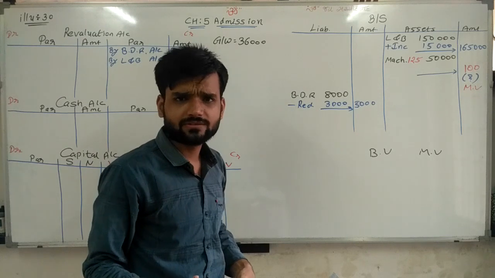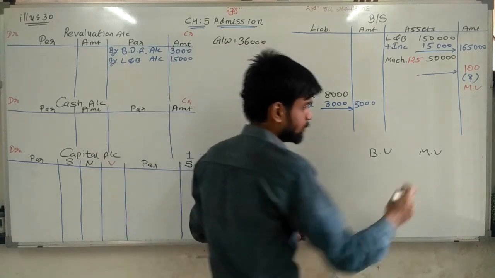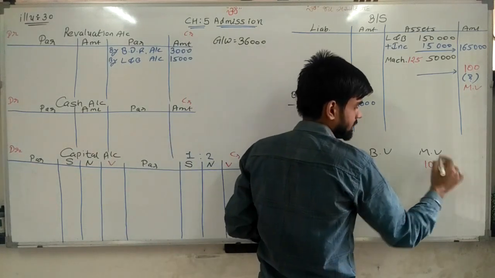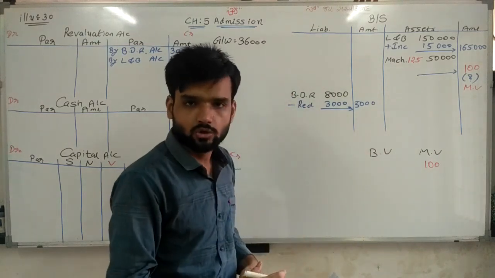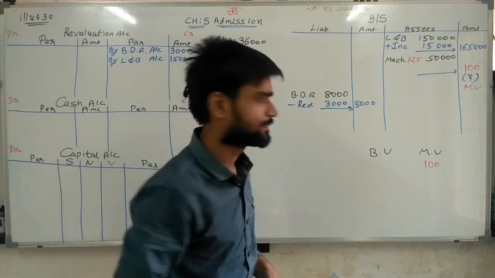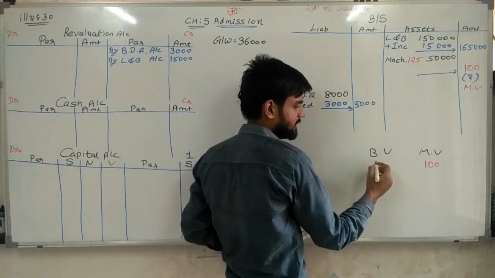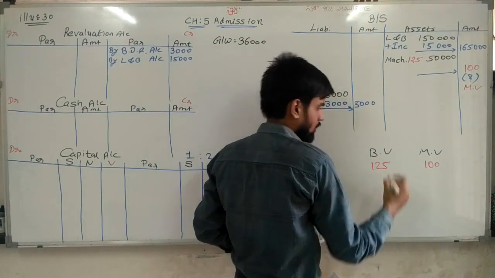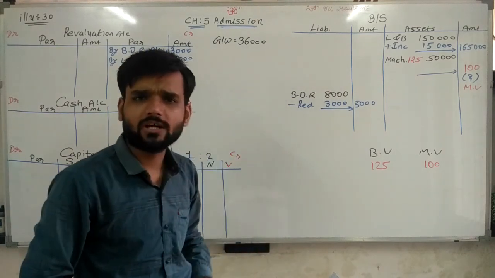Suppose market value is 100. This is the assumption. You can assume 5,000, 10,000, 20,000, whatever you want. So market value 100, book value is 125.